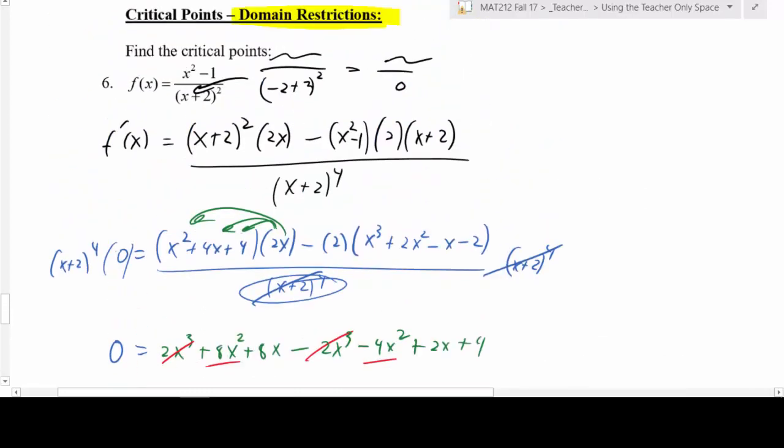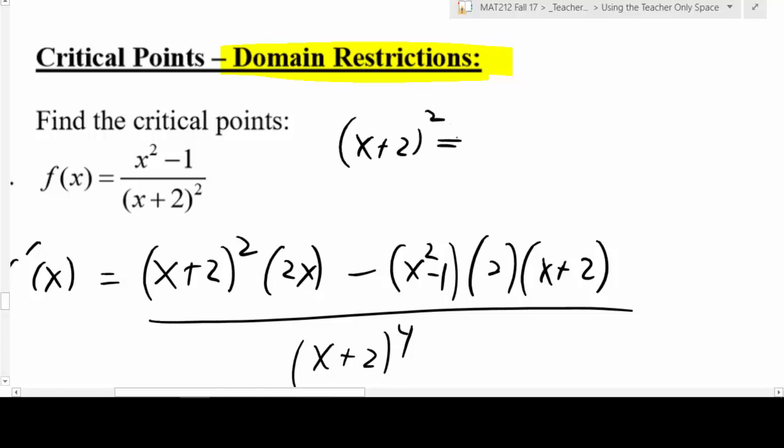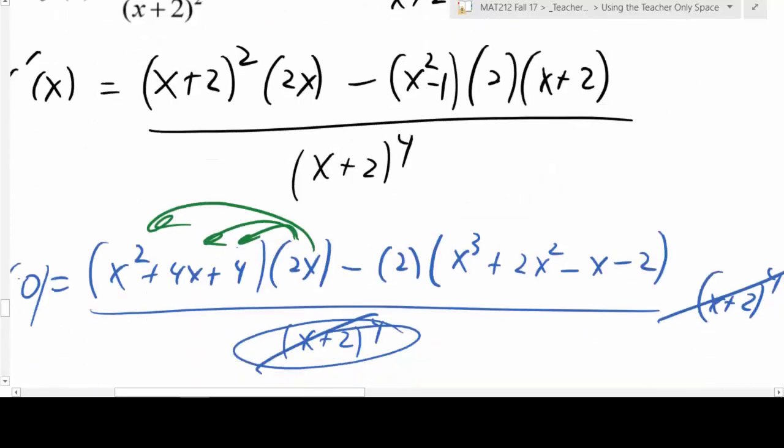So you always need to go back to the original problem and ask yourself, are there any domain restrictions that I need to put into my number line? And in this case, the only domain restrictions that come from a fraction is dividing by 0. So x plus 2 squared cannot equal 0. So when I take the square root, that just gives me x plus 2 can't equal 0, which therefore would be x cannot equal negative 2, which we already know. We already found that. Okay.